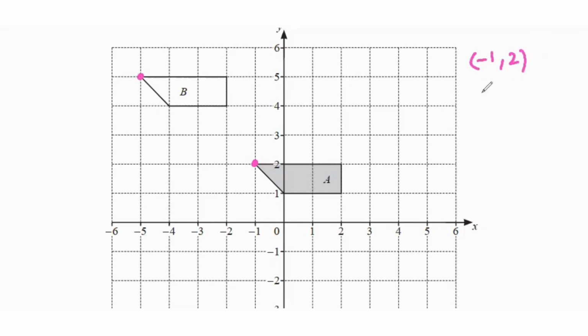And the other point is negative 5, 5, which means to the x value, we subtracted 4. And for the y value, we added 3. So there is a translation by a vector of negative 4, 3.